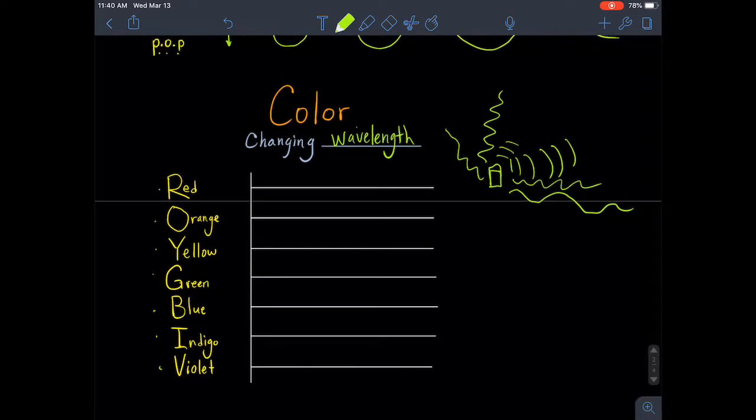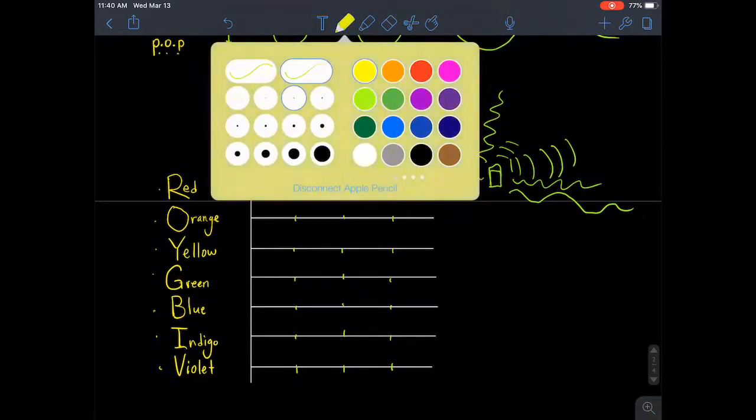To make sure that we draw these waves appropriately, I'm going to draw some little hash marks on my graph so that I can keep my waves consistent. First, I'll mark a line at the halfway mark, then I'll mark a halfway mark between the start and the middle, and then a halfway mark from the middle to the end. All right, let's draw some waves.